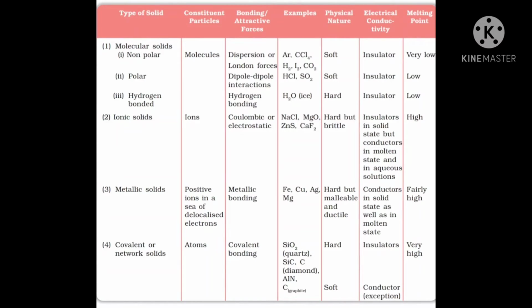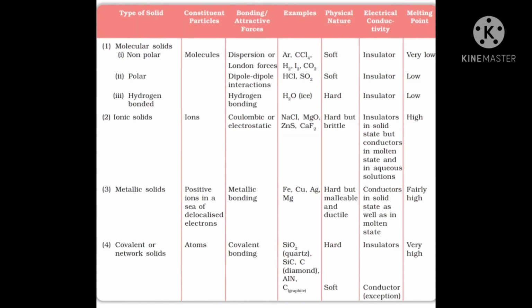In the case of hydrogen bonded solids, the constituent particles are molecules and the attractive force is hydrogen bonding. An example is H2O in solid state, and its physical nature is that it is hard and an insulator, and its melting point is low. Next is ionic solids.